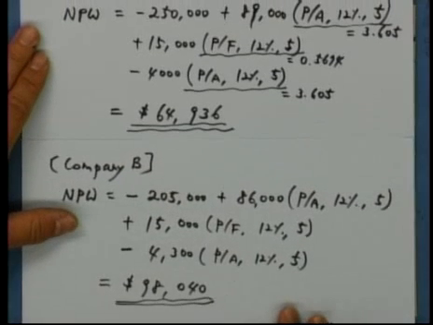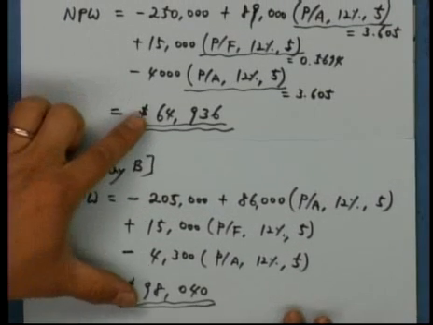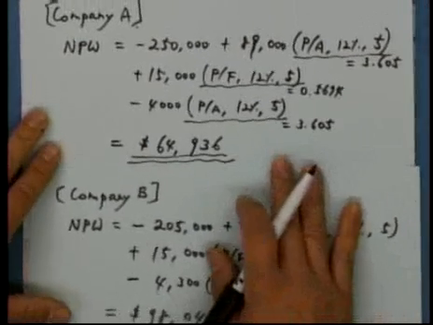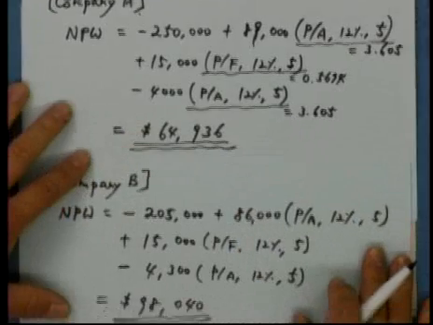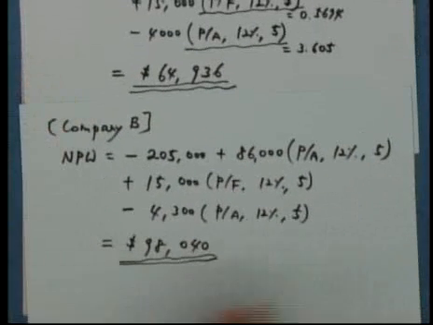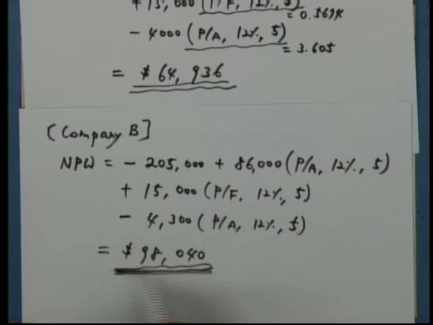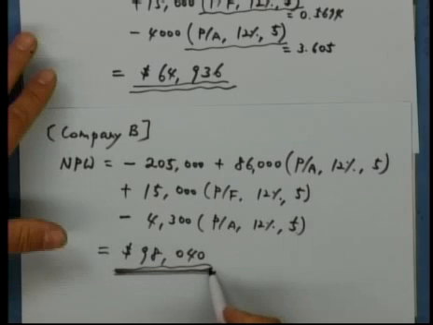So by comparing these two numbers, net present worth for machine A and net present worth for machine B, what is your conclusion? You have to choose machine B, the machine from company B, right? Because it has a greater net present worth.